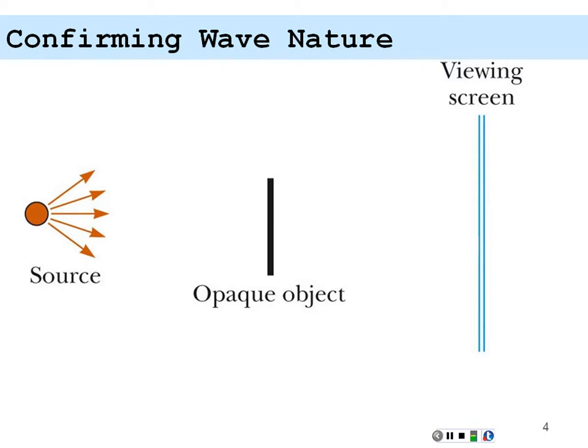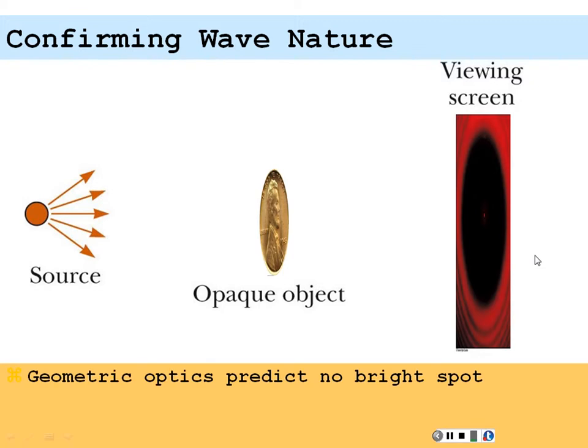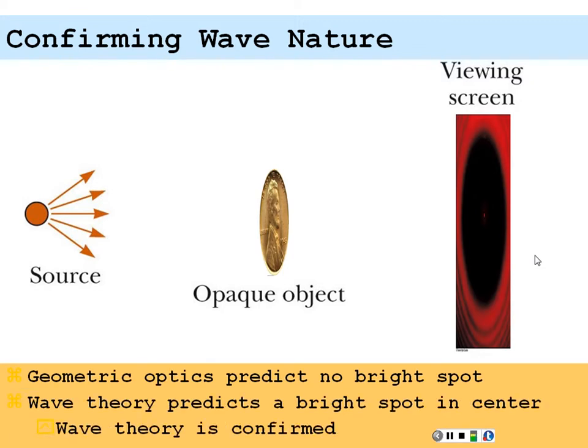But soon after he expressed that opinion, it was found that if you took an opaque circular object like a coin, it would exhibit an interference pattern that actually did have a central maximum on the other side. So this turned out to be proof that the wave theory of light was confirmed, because geometric optics would not predict that that central maximum would occur.